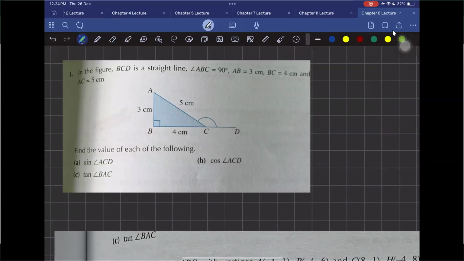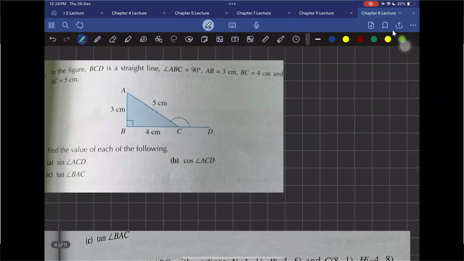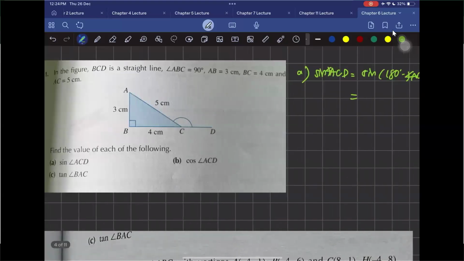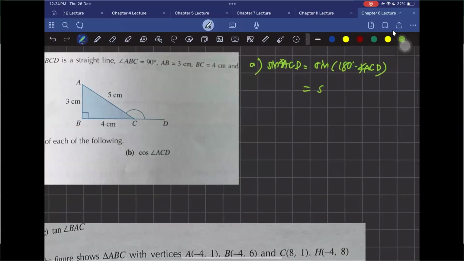So the question is asking for sine ACD. So again, this is an obtuse angle. So if you take a look, sine ACD should be equals to sine 180 minus angle ACD. Okay? So sine 180 minus sine angle ACD is sine angle ACB.